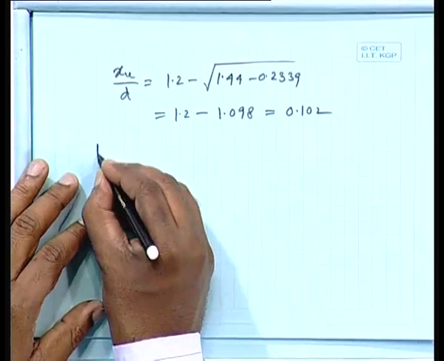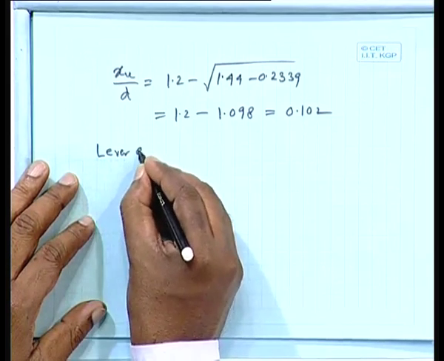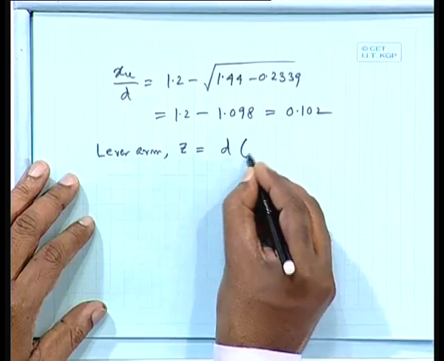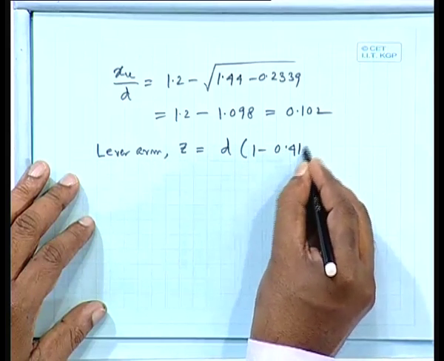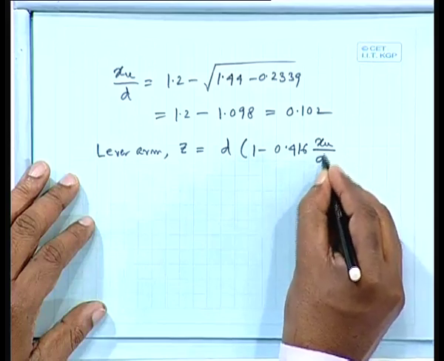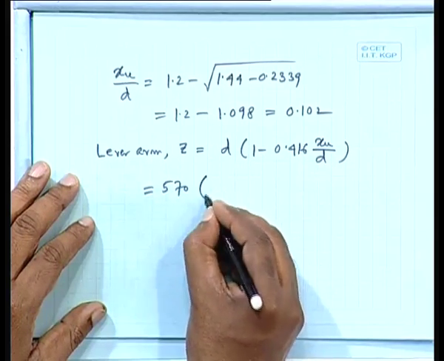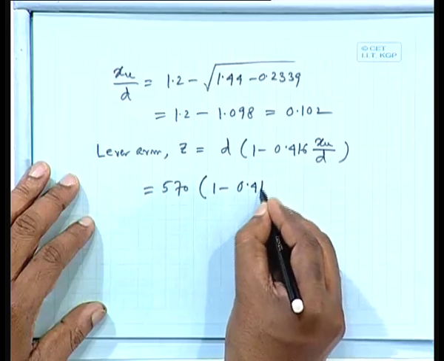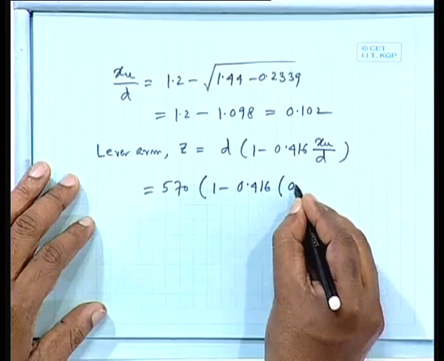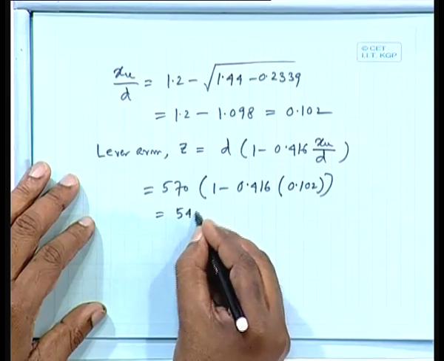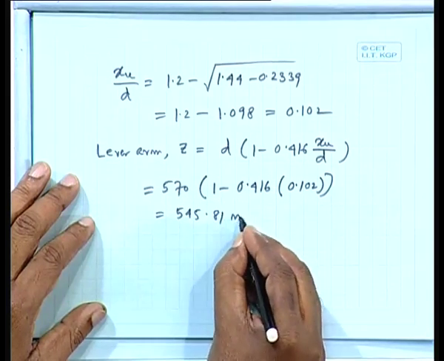So, lever arm Z equal to d (1 minus 0.416 xu by d) equals 571 minus 0.416 times 0.102, equals 545.81 millimeter.